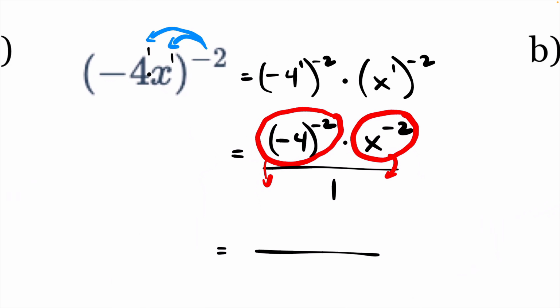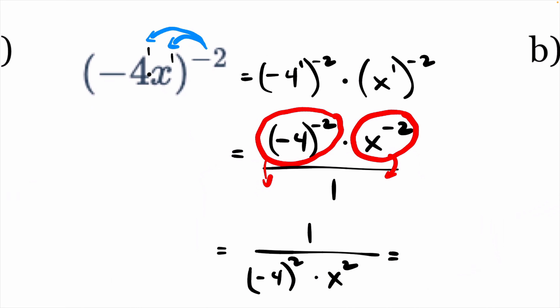So now I have 1 on top, negative 4 to the positive 2 power, and x to the positive 2 power. So that 1 was up there already. It's not this one. That 1 is still on the bottom.